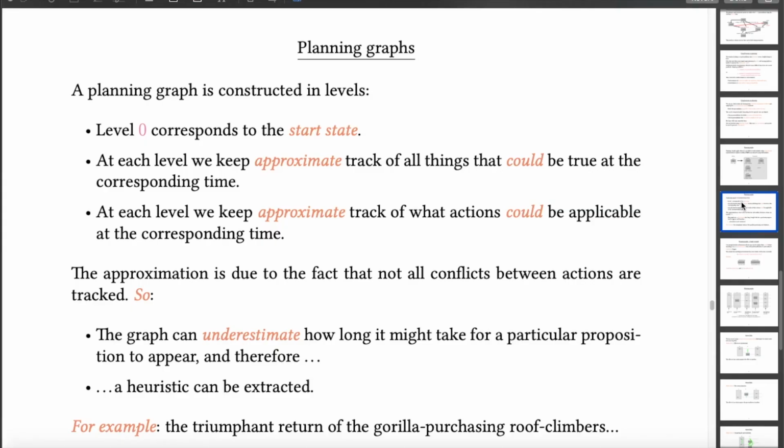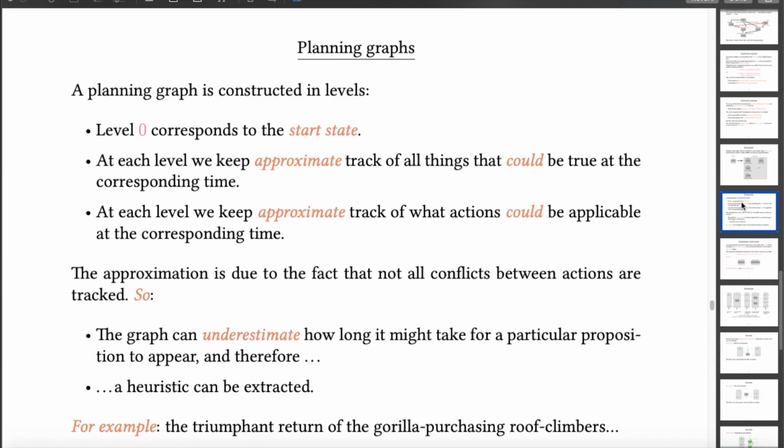Once you've propositionalized everything in this way, actually constructing a planning graph is fairly straightforward. And I'm going to move on to a specific pictorial example in a moment. But the basic idea is this. You start with a level of 0, which corresponds to your start state, namely a bunch of propositions that describe the start state for your problem.